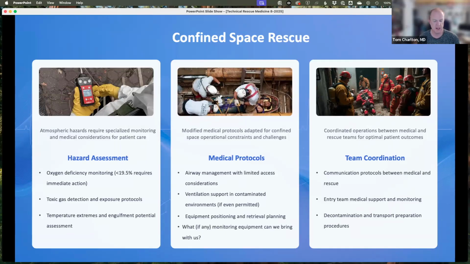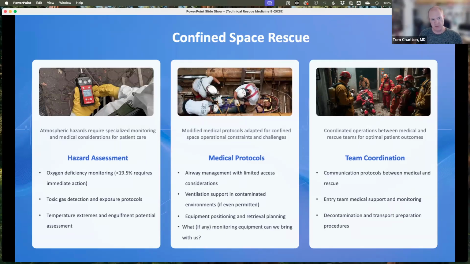It interrupts your body's ability to use oxygen or to carry oxygen. And so, one or two breaths of that, and that may be enough to kill you. So there is a lot of training that goes into confined space rescue because of all the dangers associated with not only the atmosphere, but also the hazards present just simply being in a confined space.